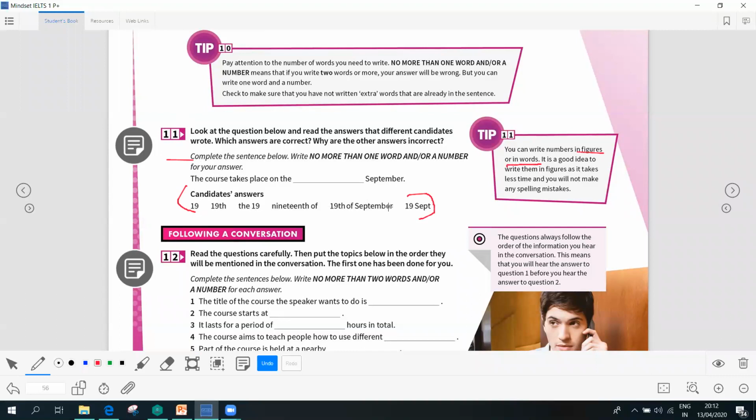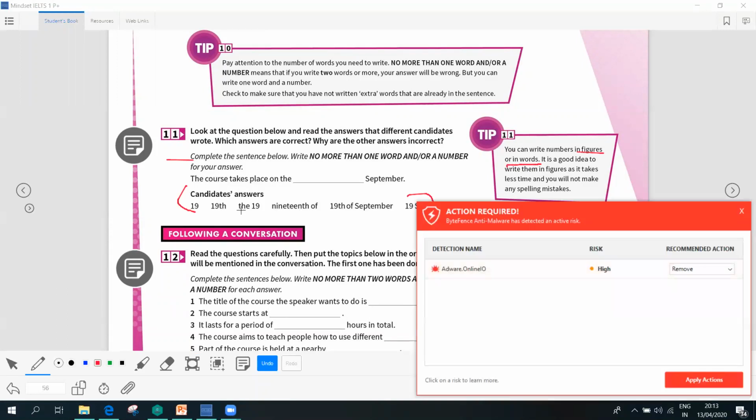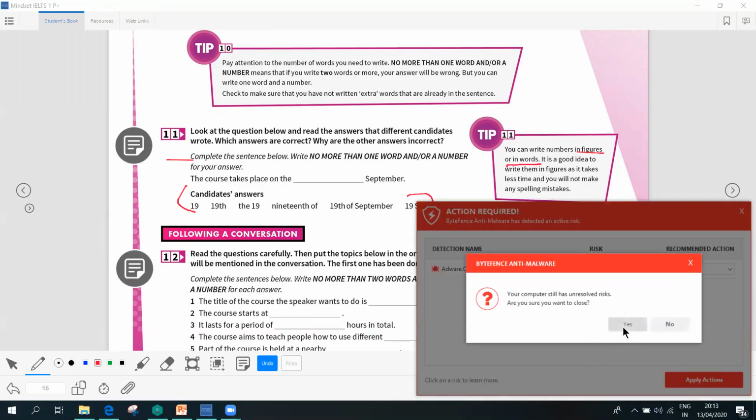Which answers are correct? Why are the other answers incorrect? So you need to first pick the right answers. There could be more than one correct answer. And look at the other answers and think about why these answers are wrong.